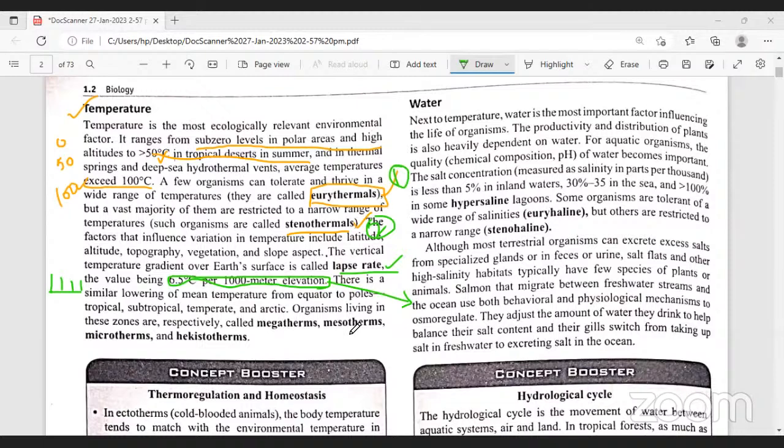Mesotherms, middle. Micro means less. Hexothermic is very less, minus oriented. So temperature-wise, organisms are divided into 4 types: megatherms, mesotherms, microtherms, and ectotherms.